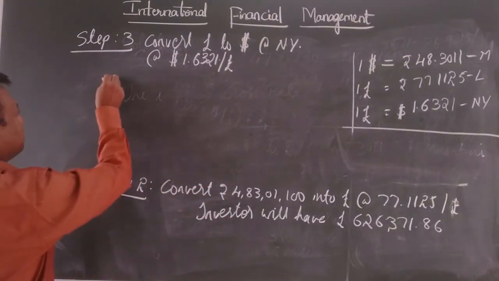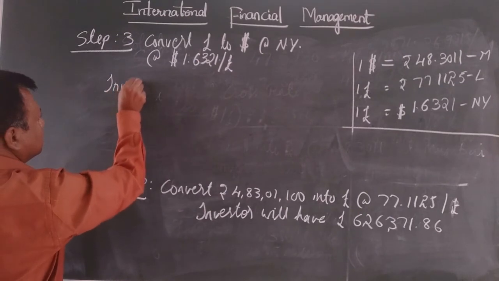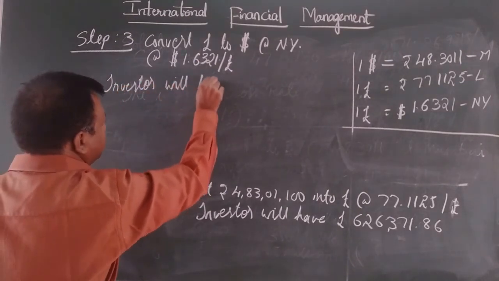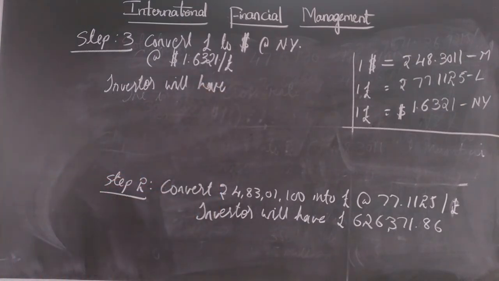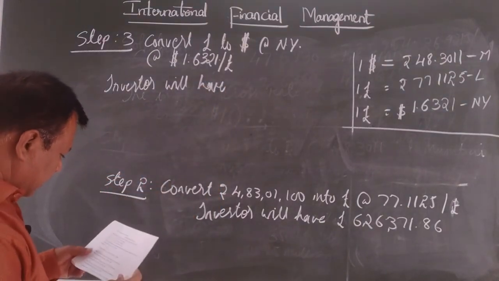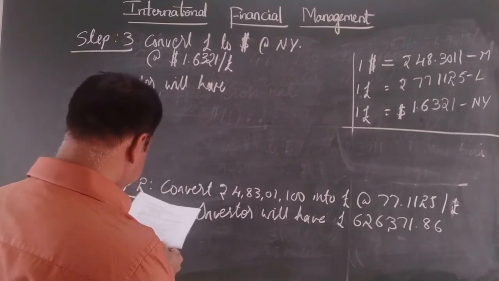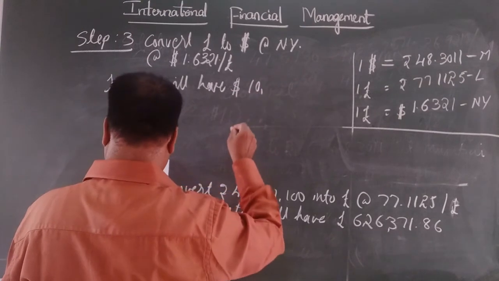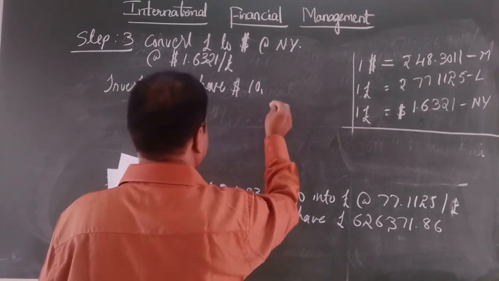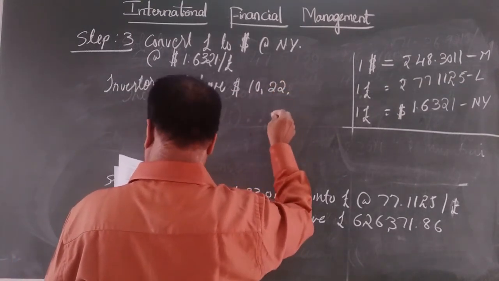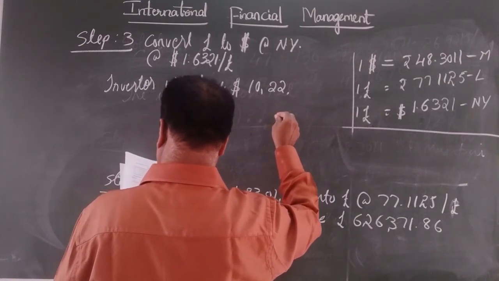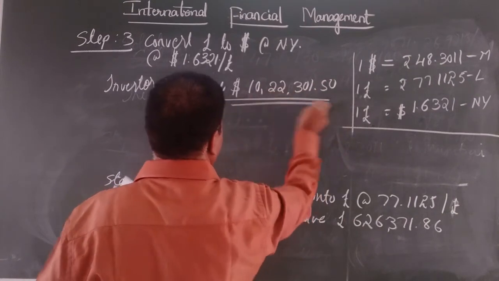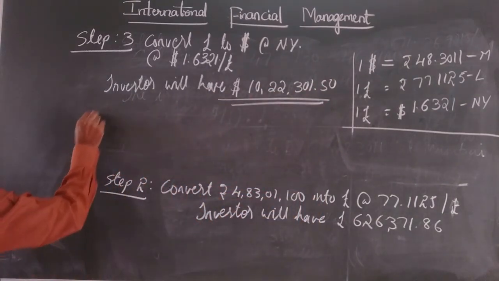Hence the investor will have, if you convert, dollar 10,22,301.50.